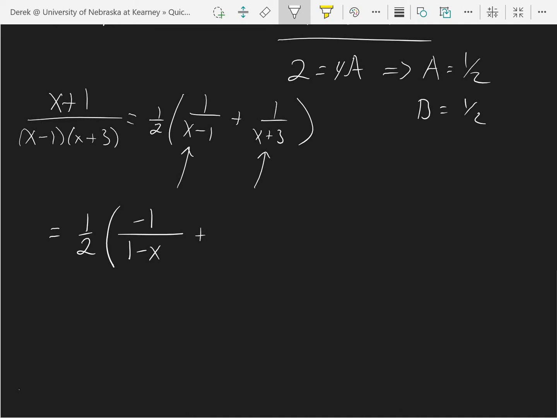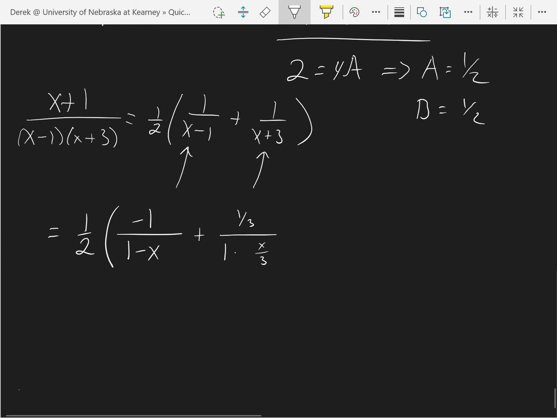Plus, and on this one I'm going to divide the top and bottom by 3. So I've got 1/3 over 1 plus x over 3, or because I want it to look like a geometric series, I'm going to do a subtraction and a minus x over 3.